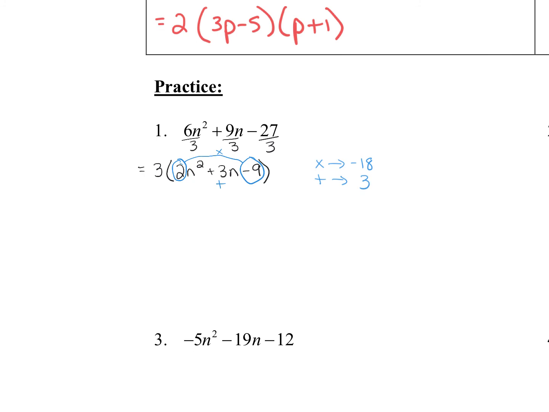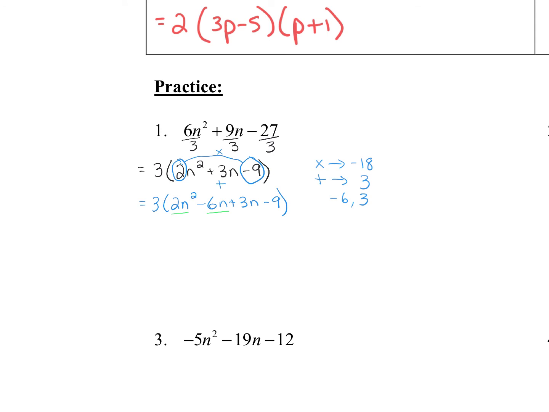And those numbers are -6 and +3. So the middle term gets split up into -6n plus 3n minus 9. You look at the first two terms, 2n squared minus 6n.